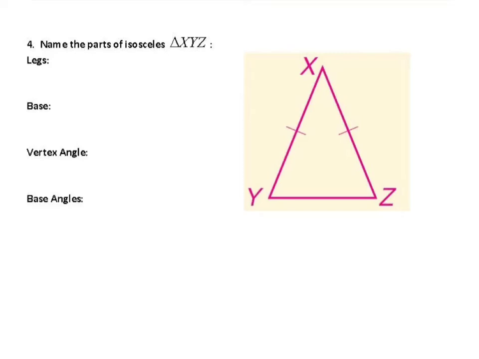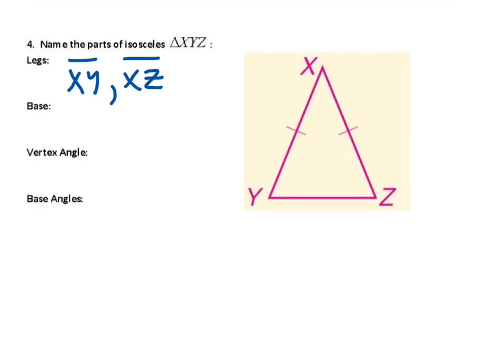So let's list those here. If they're asking us for the legs of isosceles triangle XYZ, we're going to name the two segments that represent the legs. So that would be segment XY and segment XZ. These are the two legs that are congruent to each other.